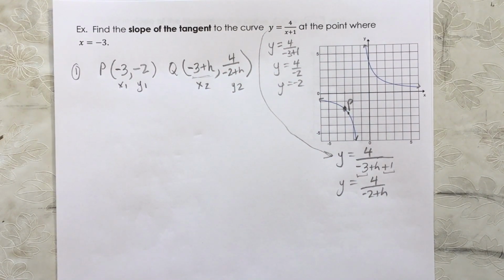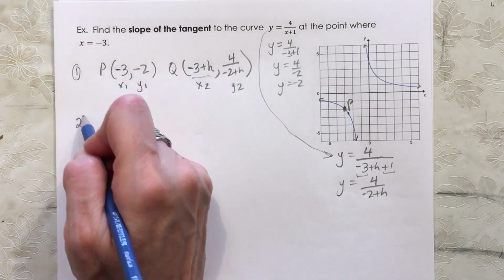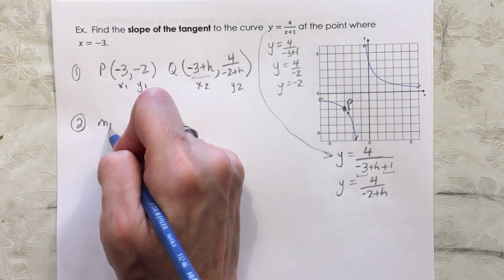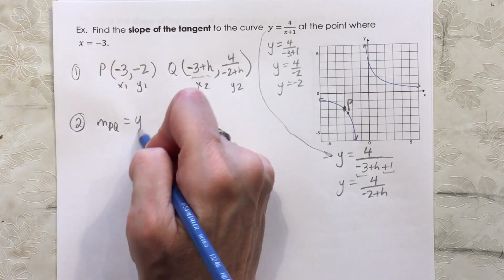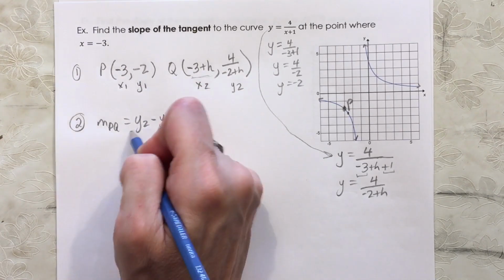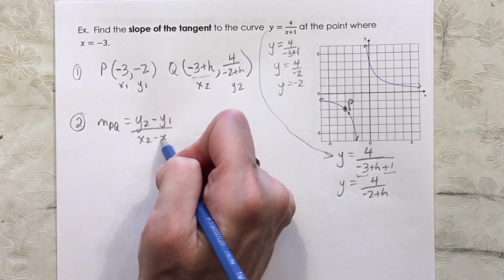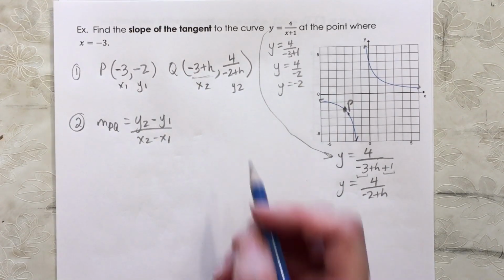Okay, so now we want to get the slope of the secant between those 2 points, and we also want to simplify it using algebra.